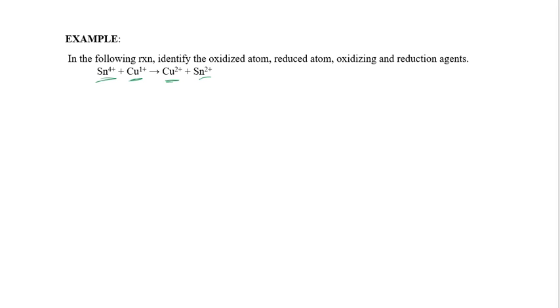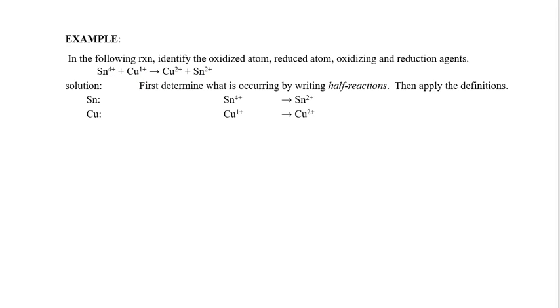Okay, let's do a quickie example. Iron, copper, tin. Okay, so you've got tin 4, copper 1, making copper 2 and tin 2. Let's inspect that by the oxidation numbers. Well, we've got 4 and 2, 1 and 2. That means we've got plus 4 to plus 2 for tin, plus 1 to plus 2 for copper.